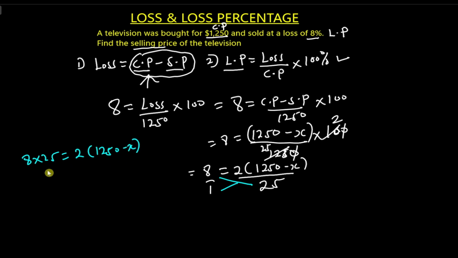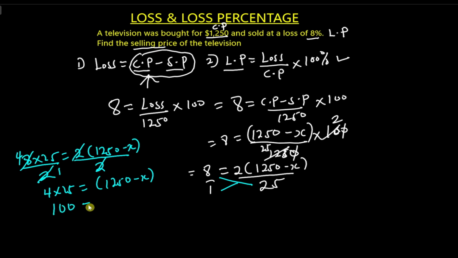You can divide both sides of the equation by 2, here by 2 and then also here by 2. So this 2 cancels out. Over here 2 goes into 8 4 times. We now have 4 times 25, which is equal to 1,250 minus x. Okay, now 4 times 25 is 100, which is equal to 1,250 minus x.